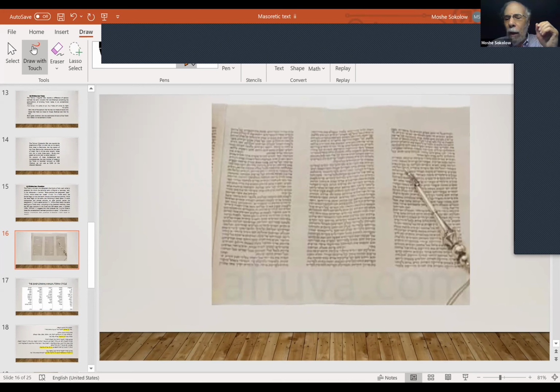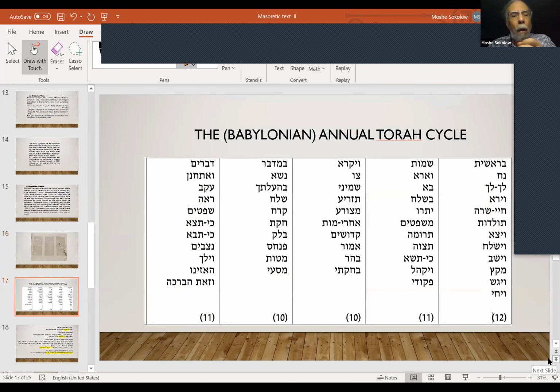That's not, however, how we customarily use or conventionally refer to a parasha.